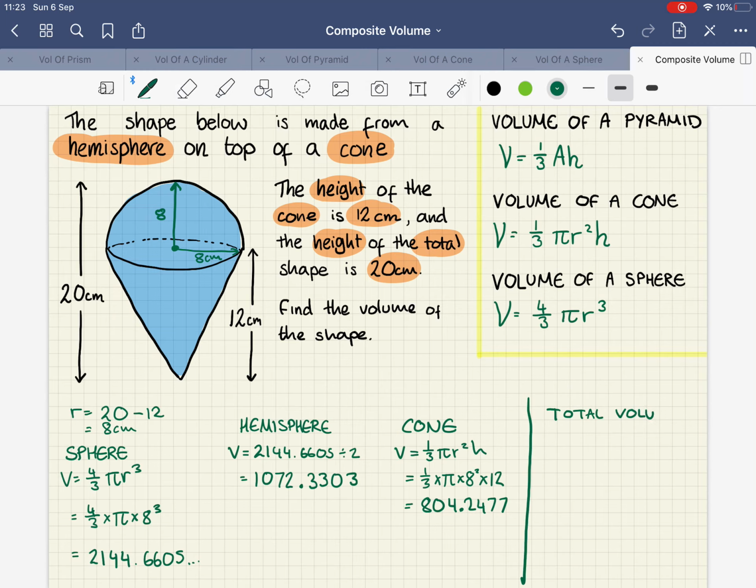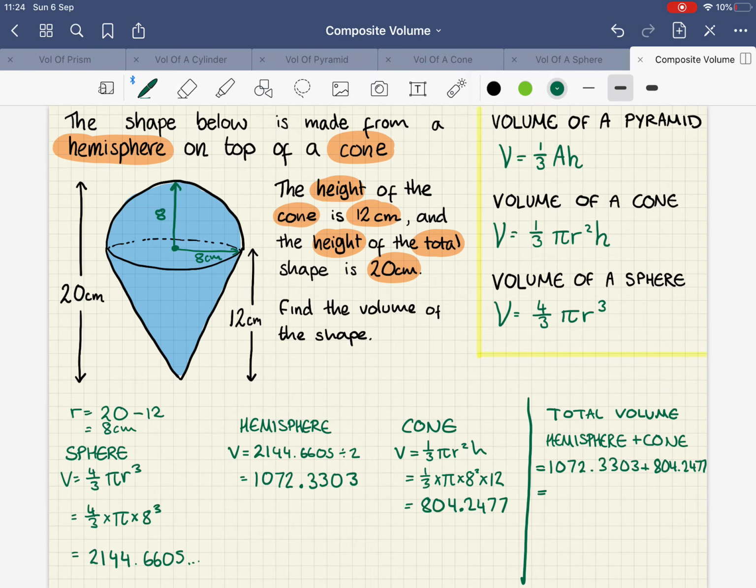And so my total volume. I can see that I've just got these two shapes that have been stuck together, so that means I'm adding them. So I'm doing the hemisphere add the cone. So I've got 1,072.3303 add the 804.2477.